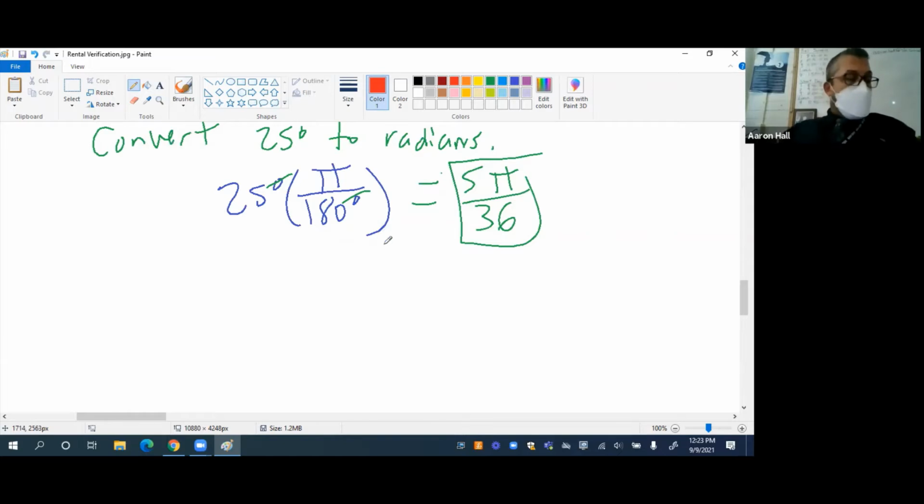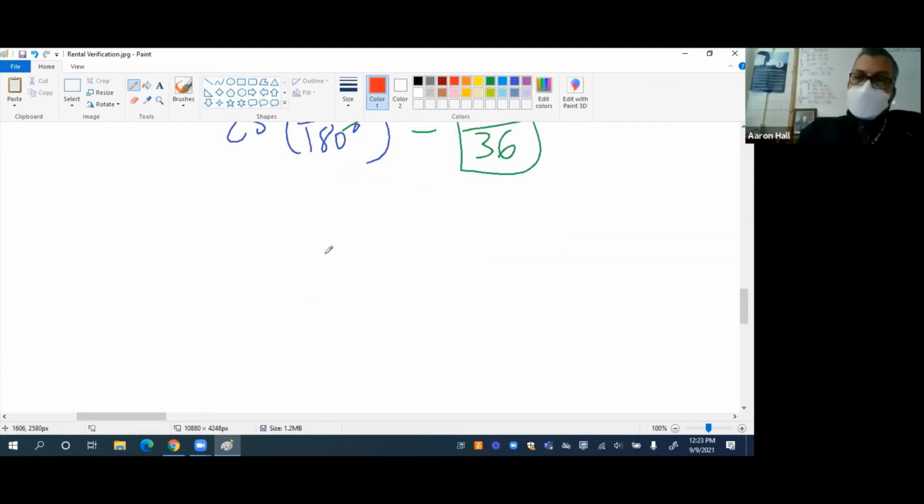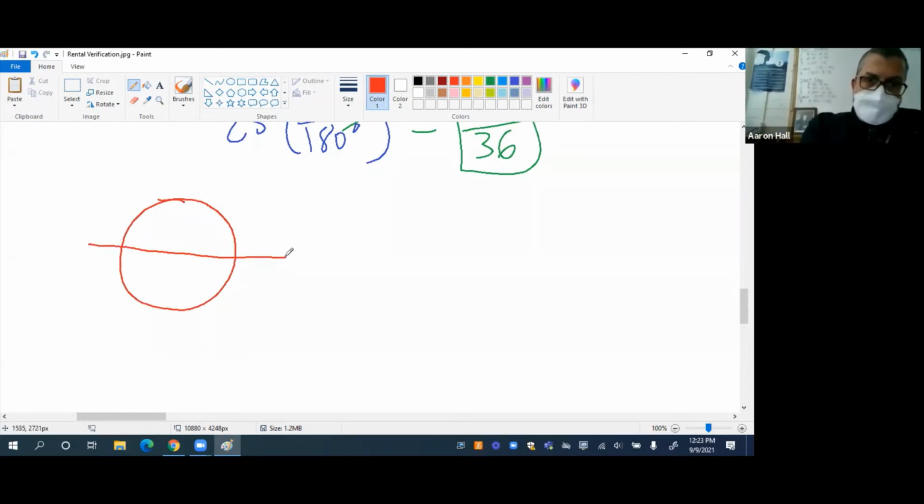Now here's another important idea that we need to wrap our heads around. Let's compare a unit circle with sine and cosine. Here's sine of theta, and I'm going to construct a right triangle here.